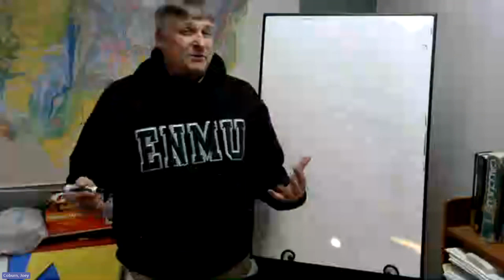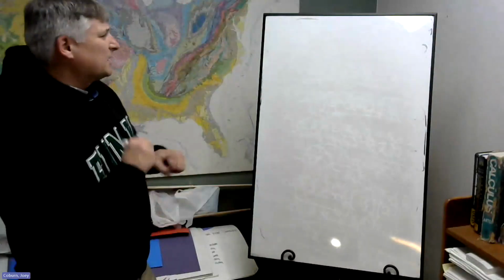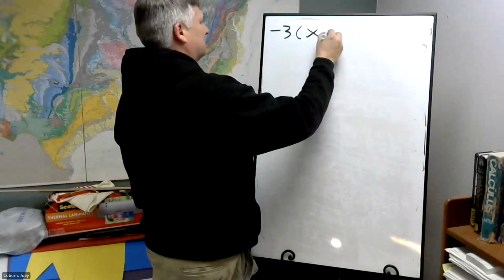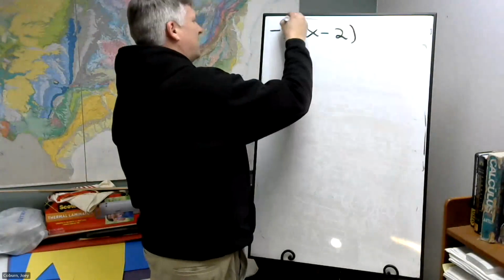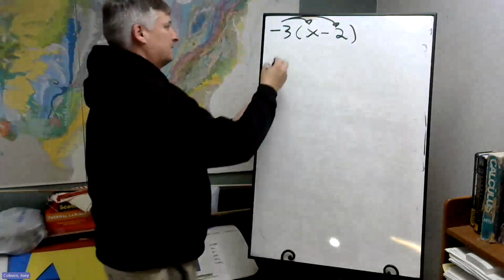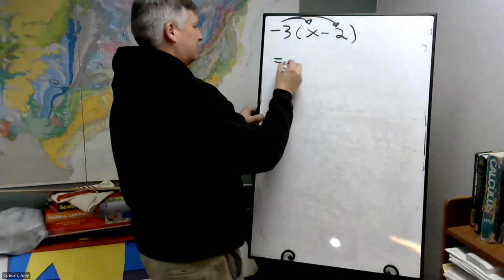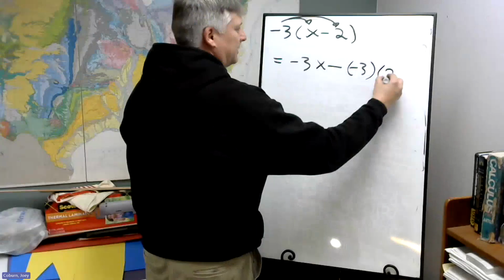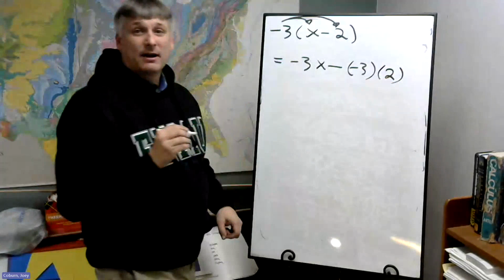So I want to talk about several cases with distribution. And again, we'll revisit this example. Again, we're going to distribute that -3. I'm going to subtract -3 times 2.